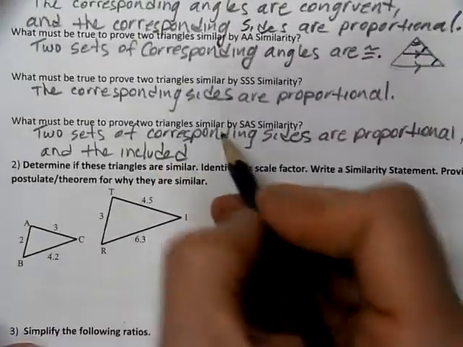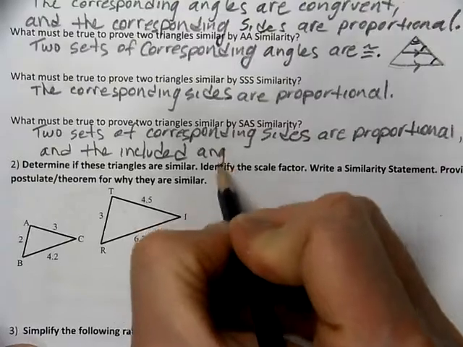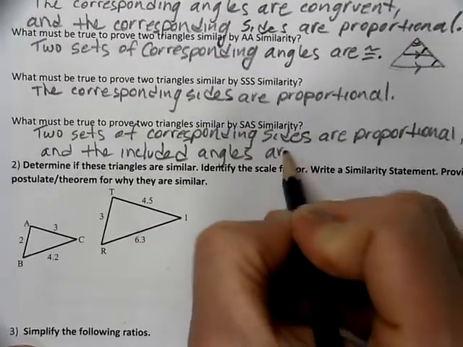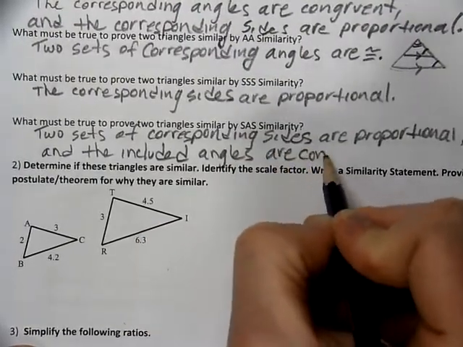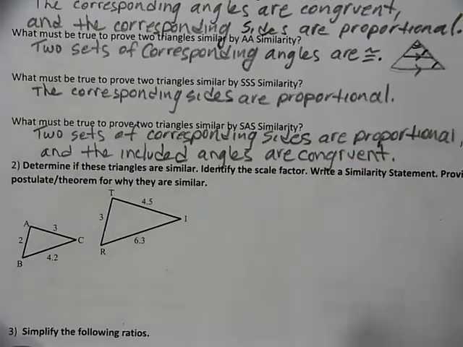The included angles are congruent. Remember, angles are congruent, sides are proportional.